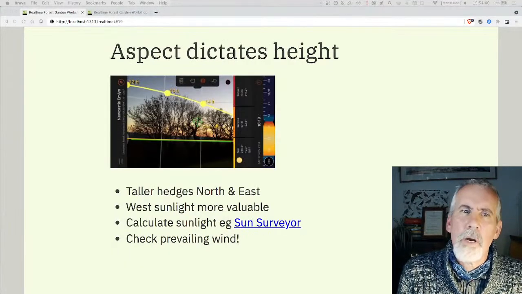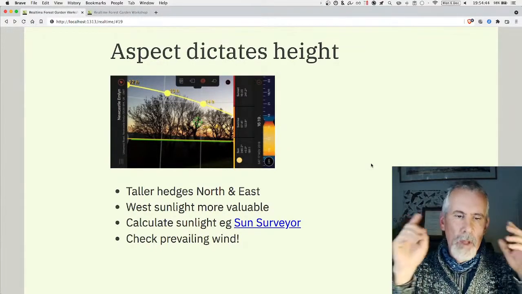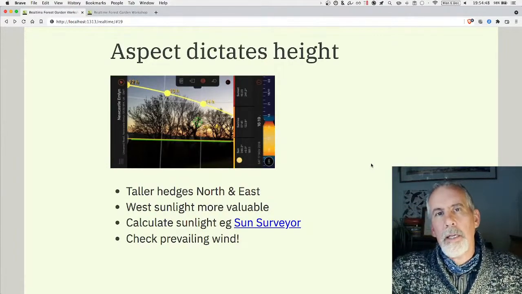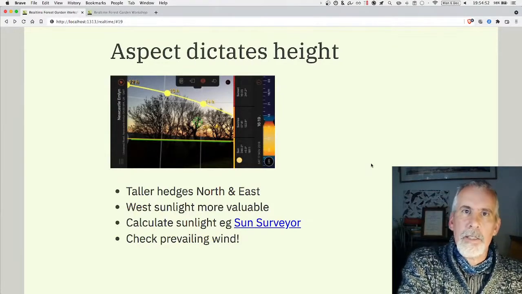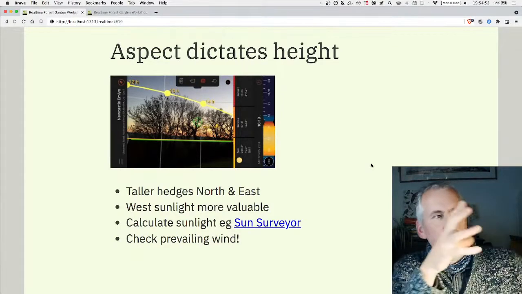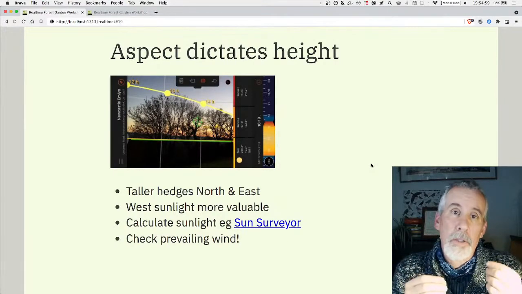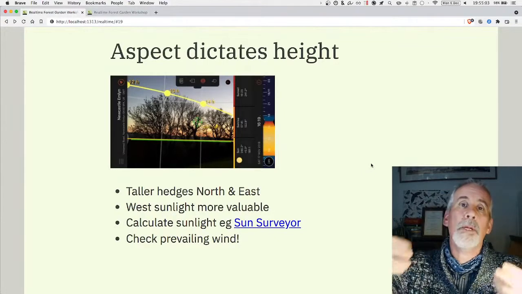There we go. So yes, aspect dictates height. As I was saying, taller hedges to the north and east, because western sunlight is more valuable. Sunlight from the east is in the morning, so when you get the sunlight from the east, the air hasn't had a chance to warm up. But when there's sunlight in the west, the air is warmed up.